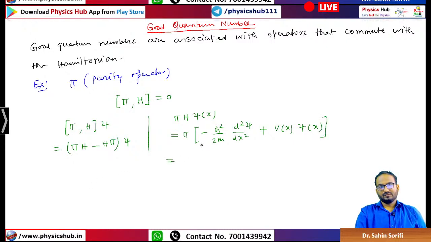Clear? Now the job of the parity operator is to convert ψ(x) to ψ(−x). So this will become minus ħ² by 2m, and instead of d²ψ(x), it will get d²ψ(−x).